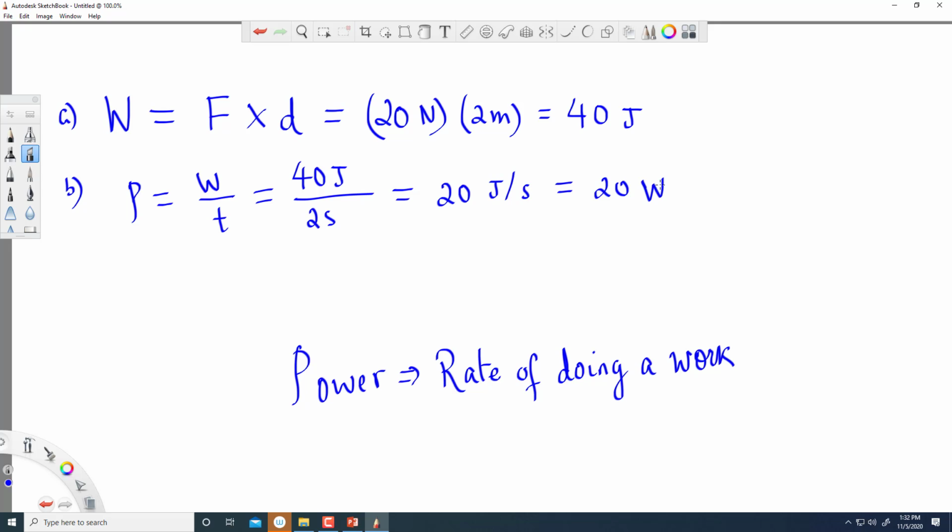So that's 8. And then the last one, number 9. Number 9 is from chapter 4. In chapter 4, we did only one kind of numerical problem, that is to find the gravitational force.